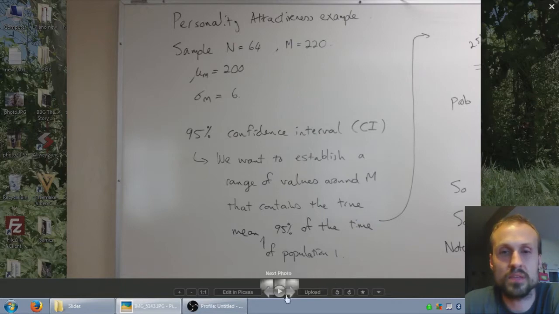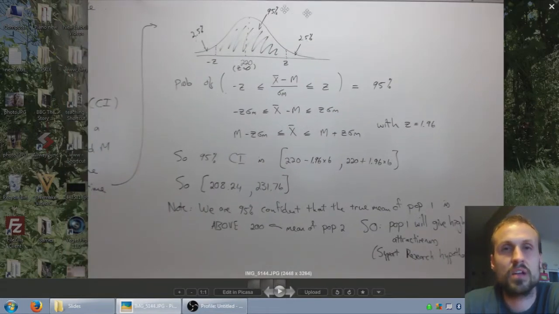Now, what do I mean by this? Well, if I look at my diagram here, my population 1's mean is now essentially estimated by the sample mean. And I want to construct an interval around it, find 2 points, one to the left and one to the right, so that 95% of the possible values that I'll get fall between these two values.